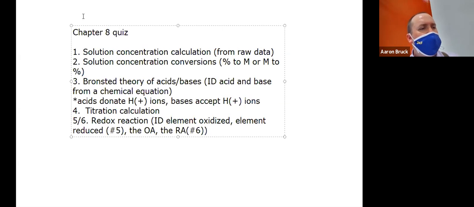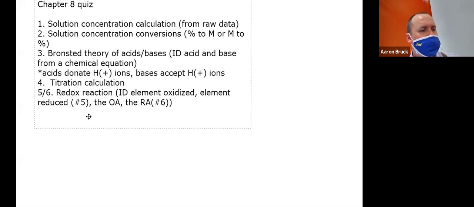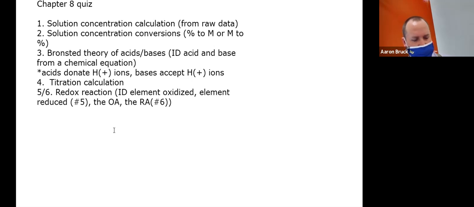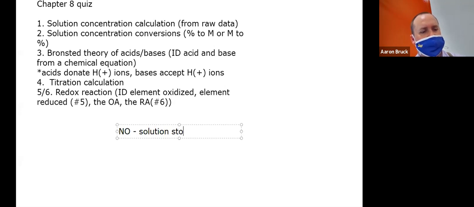Now, with this in play, what I want you to notice is what's not on this list. There is no solution stoichiometry. There are no net ionic equations.